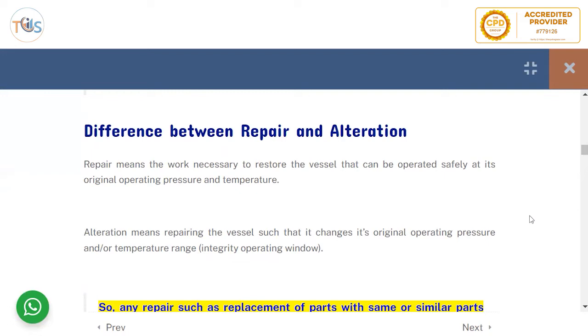Now, if you demote the vessel, for example, you've got a minimum design thickness that you need to maintain for the pressure. But the corrosion allowance isn't enough to last until your next inspection interval, and you cannot repair it.